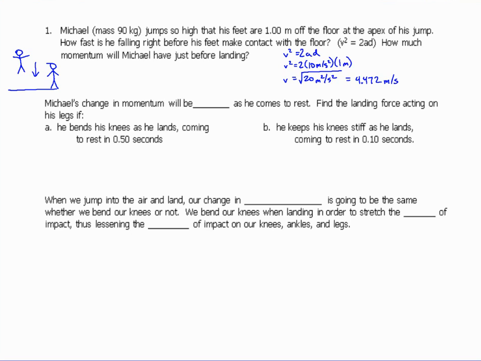How much momentum will Michael have just before he lands? And remember, momentum is P, it's mass times velocity. Michael's mass is 90 kilograms, and we found his velocity right before he lands, 4.472 meters per second.